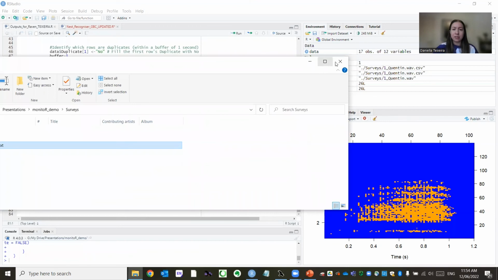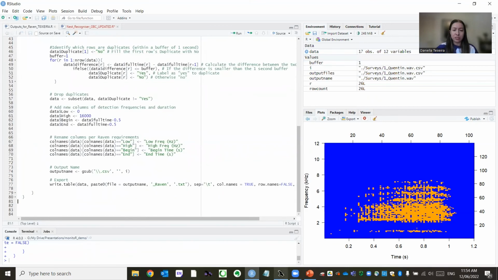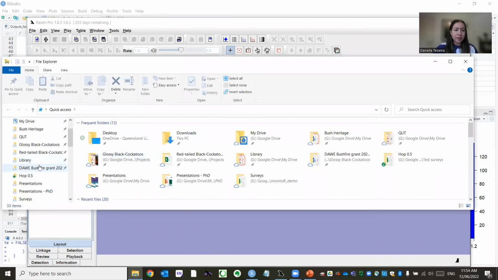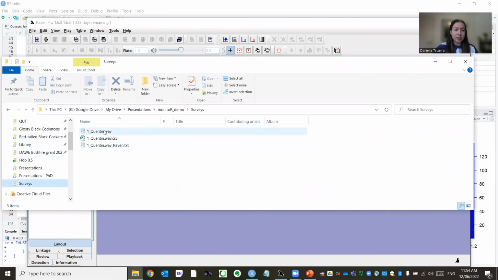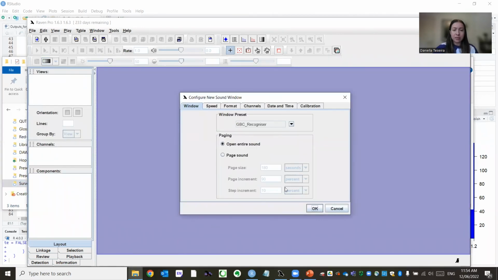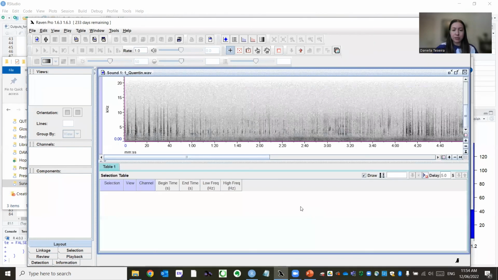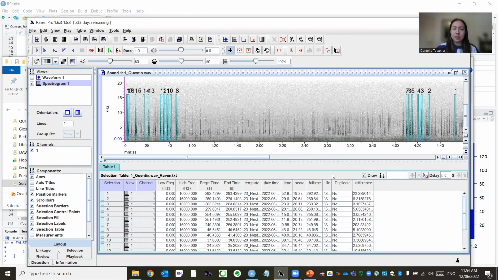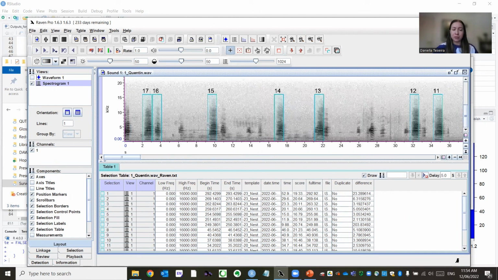Okay, so if I just quickly go to Raven Pro just to show you what this looks like, I'll bring that survey file in to Raven Pro, and if I open the text file as a selection table, there we go. So that's the 5-minute clip. The blue boxes are the detections by Monitor.